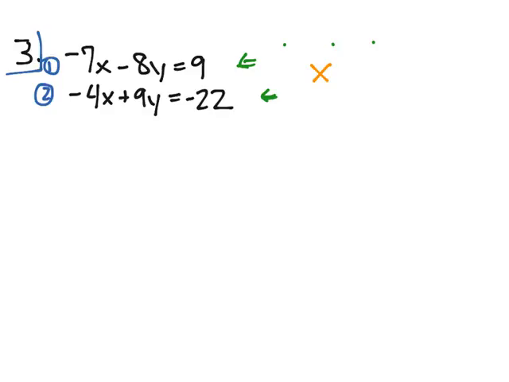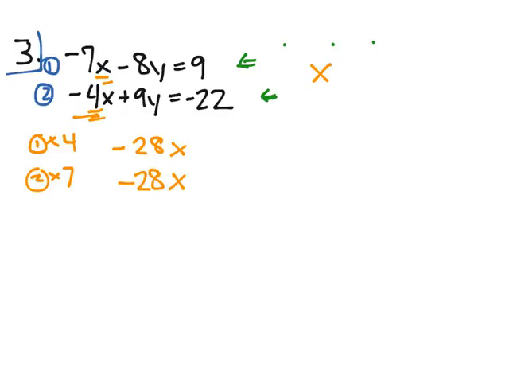Now, one way to do this would be to multiply equation 1 times 4 and then equation 2 times 7. This would give us x terms which are equivalent to each other. If we multiply minus 7 times 4, we get minus 28x, and minus 4 times 7 will give us also minus 28x.